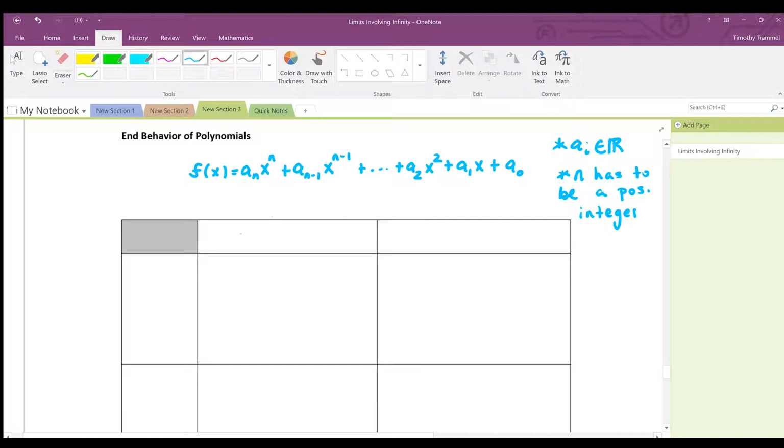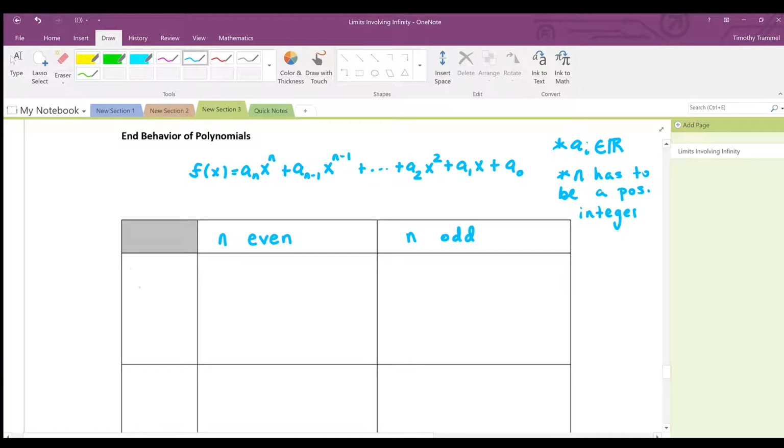Now, the next thing is we're going to fill this in based on a couple things. One is we're going to base it on this highest power here. So if that n is even or odd, we'll change things. So I'm going to say n even for this column and n odd here.